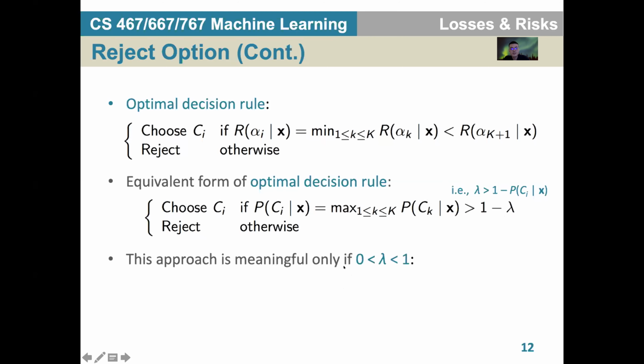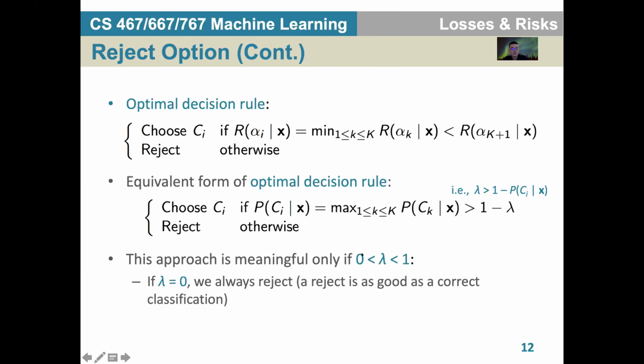This approach is meaningful only if 0 is smaller than lambda, and lambda is smaller than 1, right? Because lambda is a penalty, right? So 0 is if your prediction is correct, right? 1 is if you are making a mistake. Lambda is in between, right? You reject. I don't want to answer. I don't know. I want to learn more, right? So it's better than predicting something wrong.